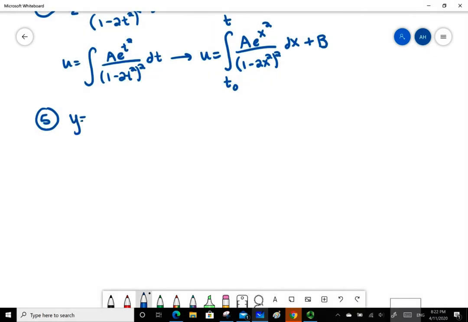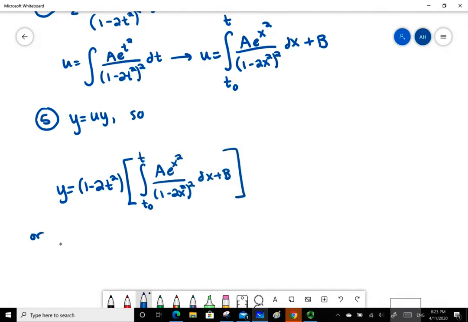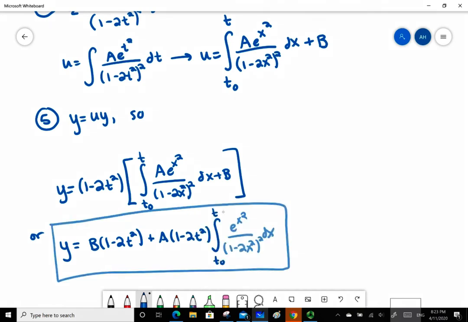Finally, y equals uy1, so the general solution, messy as it is, is y equals 1 minus 2t squared times the integral, or you could write that as y equals b times 1 minus 2t squared plus a times 1 minus 2t squared times the integral, which has the form y equals c1y1 plus c2y2 as expected.